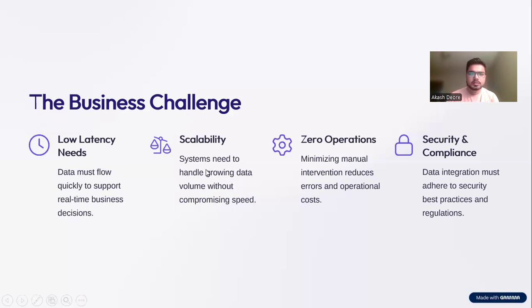Then the next thing is scalability. Data volumes never stop growing, so the pipeline must handle billions of rows without redesigning. The next advantage or solution is zero operational overhead.